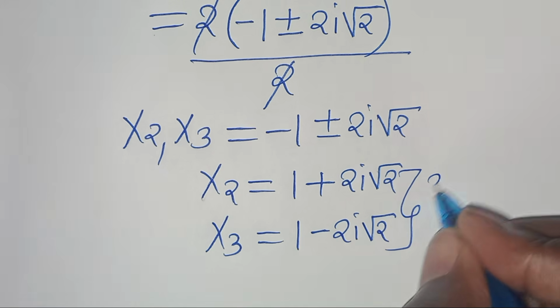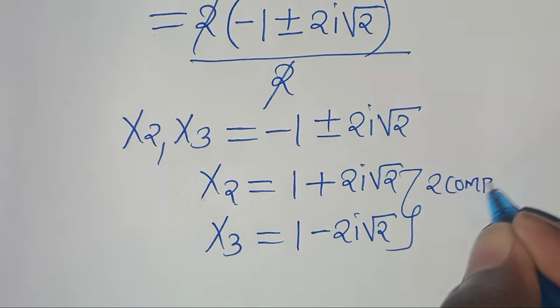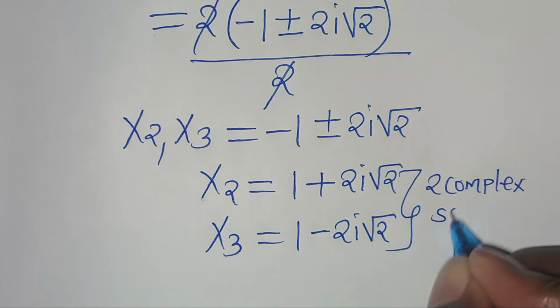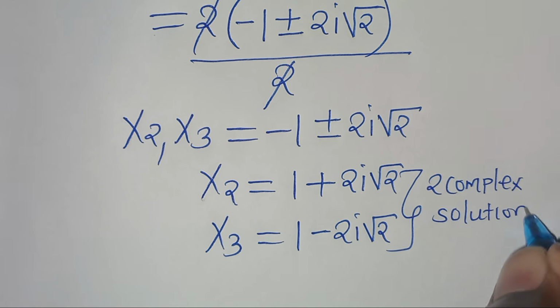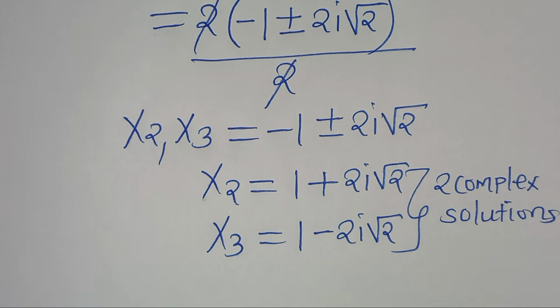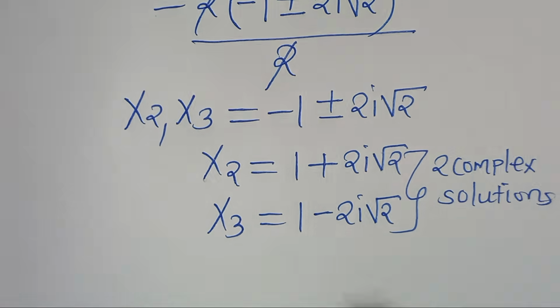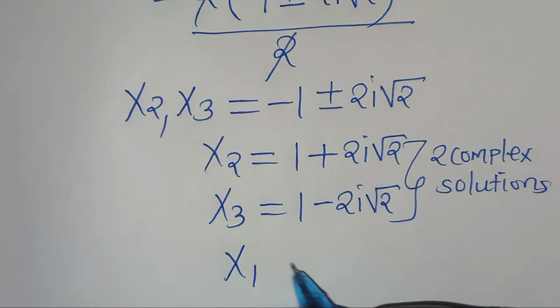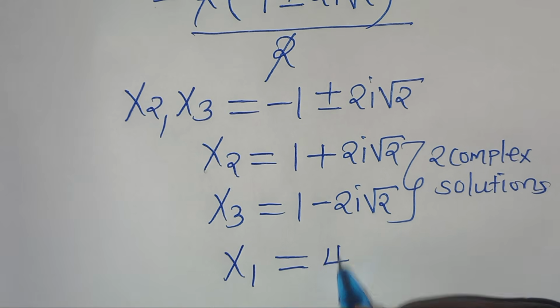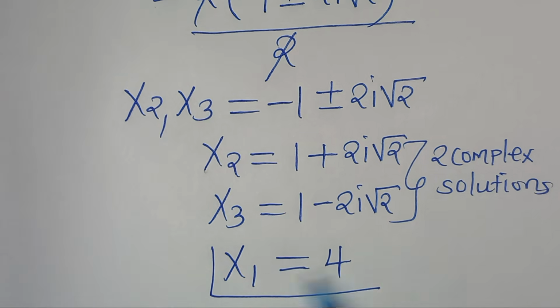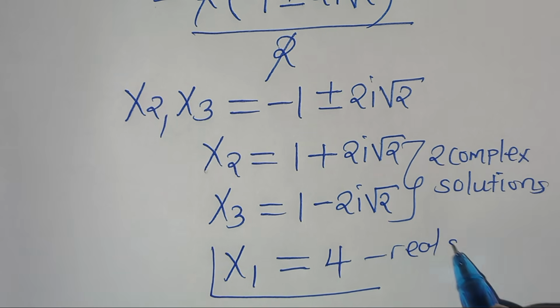These are two complex solutions for this algebra problem. So we have two complex solutions and one real solution, which is x1, equal to 4. This is a real solution.